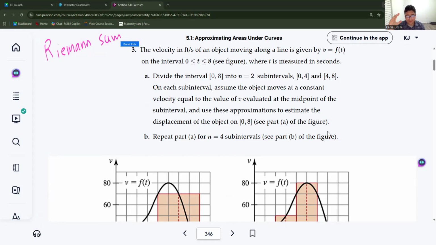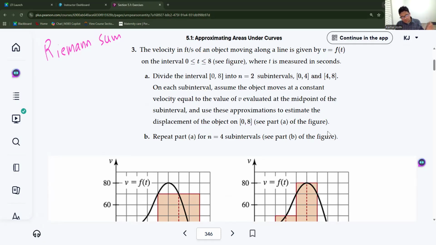If you want to estimate the area under a curve, you divide the interval on which you are estimating the area into subintervals, and then in each subinterval you take a rectangle. The height of the rectangle you choose with some logic. Sometimes always choose the left endpoint, sometimes always the right endpoint, sometimes any random point in the interval, and the value of the function at that point will be the height of the rectangle, and so on.